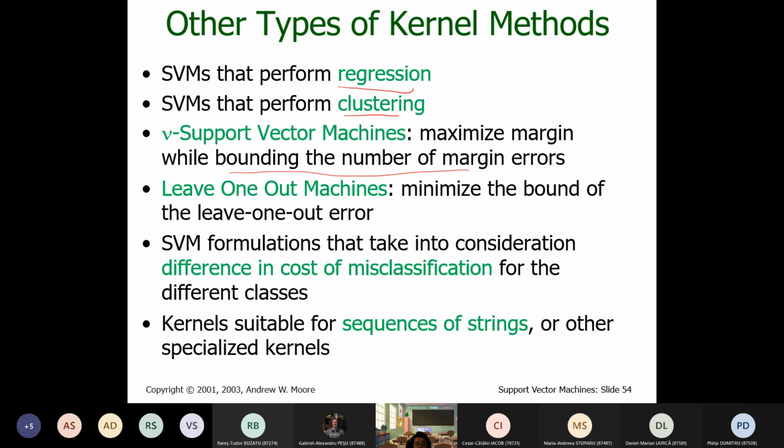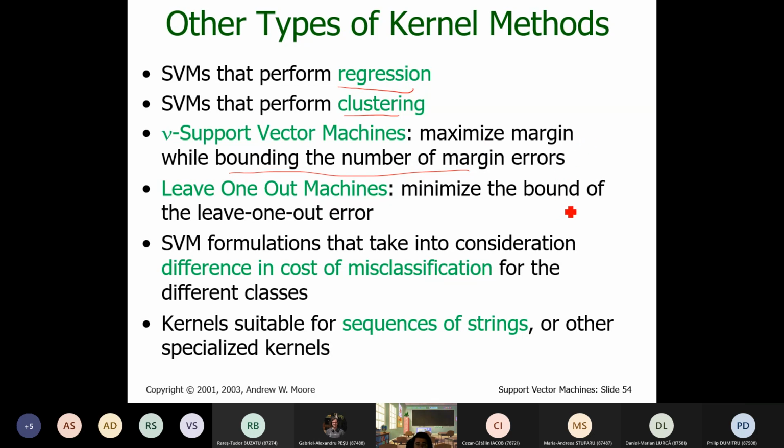We still try to maximize the margin, we still accept some errors, but we limit the maximum number of errors that are accepted for the problem. So again, it's something in between hard and soft margin SVM.